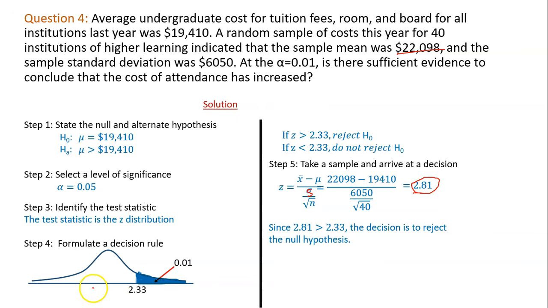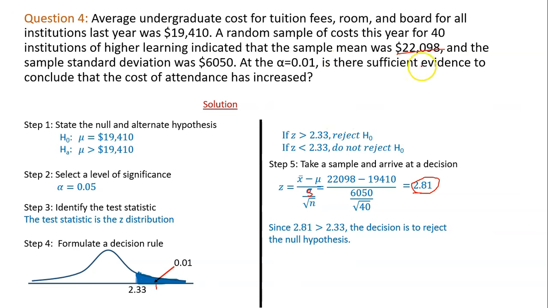If I plot it on this z-axis, where will it be? It is more than 2.33, so it will be plotted somewhere here. You realize that it lies in the region of rejection. So that tells you that you are going to reject the null hypothesis.